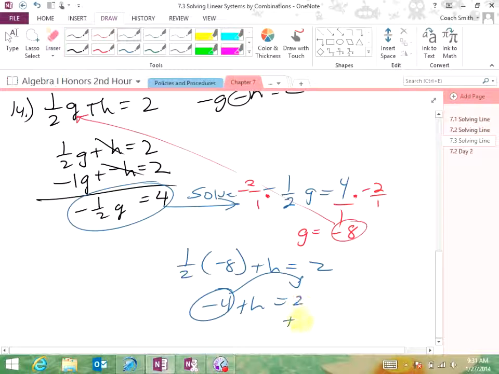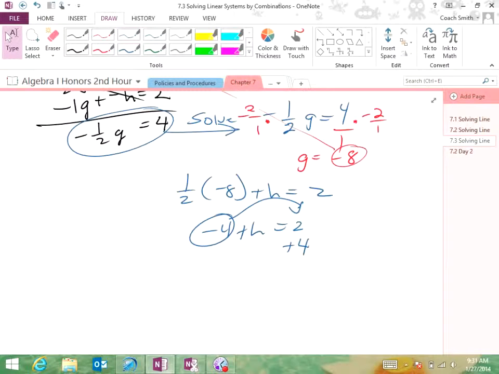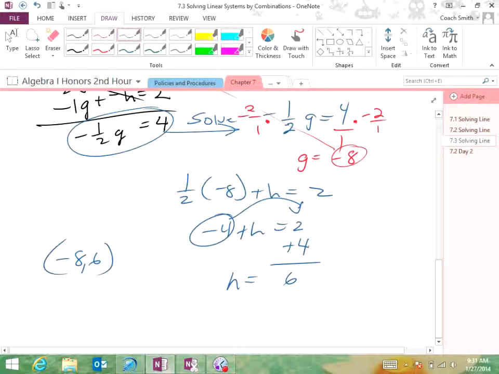I actually wrote the answer. H equal 6. So for those of us that know our alphabet, negative 8 and 6 would be your solution to the problem.